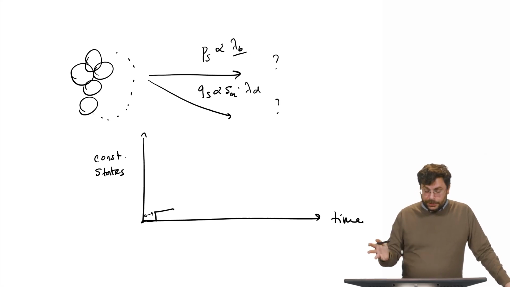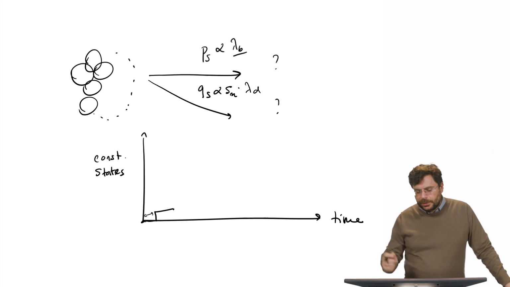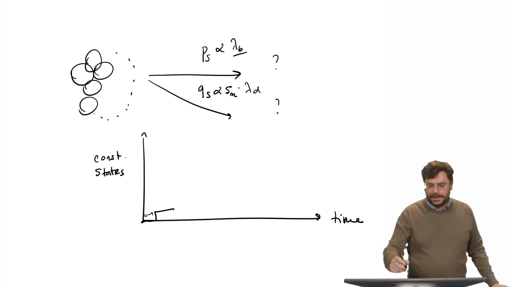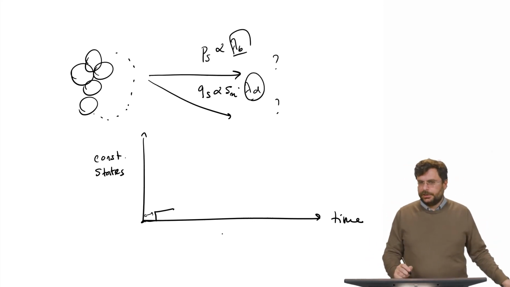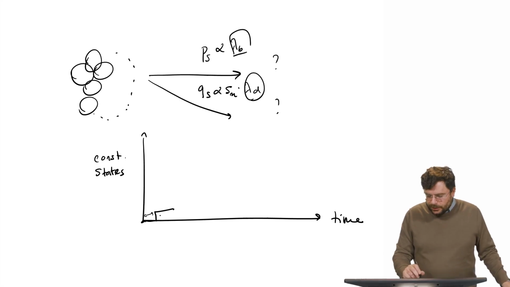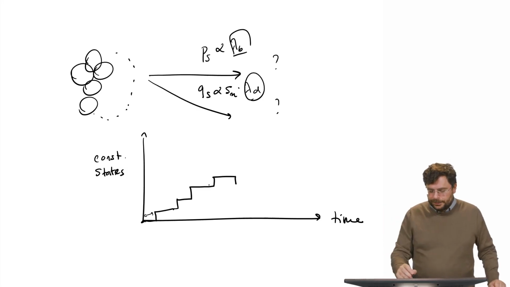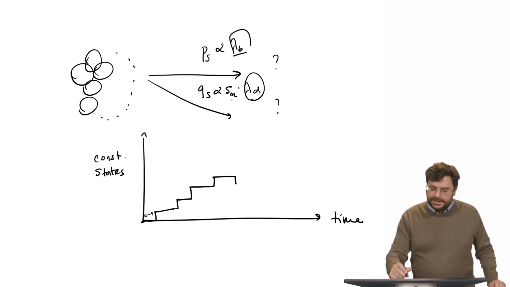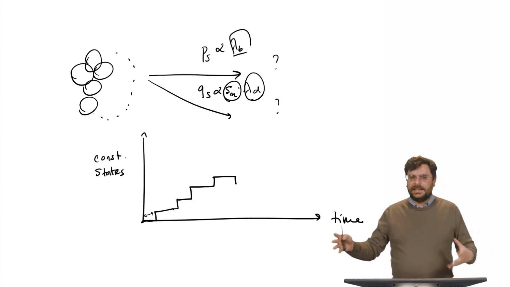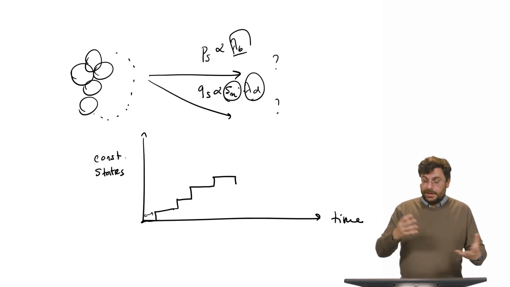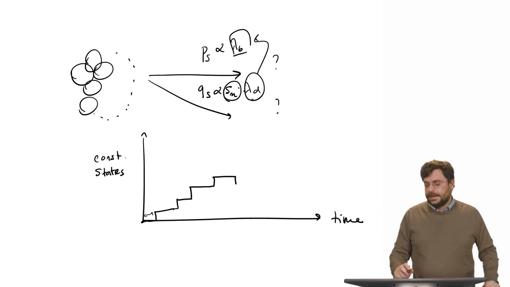Then, one of two things can happen. I can either lose a member or add a new member. But suppose, for example, that my rate of birth, lambda b, is much, much larger than lambda d. Then I'm going to keep adding new members, and deaths are going to happen occasionally, but it's going to be rare, and it's typically going to happen by the time the number of members in the group gets higher, because now Sn multiplied by lambda d at one point becomes roughly of the same size as lambda b.